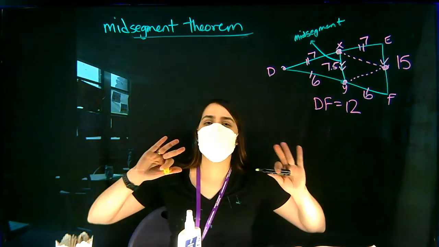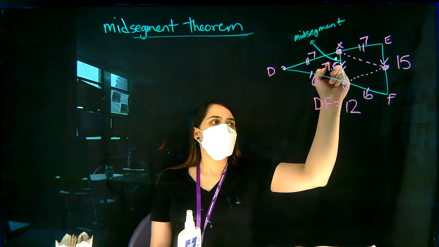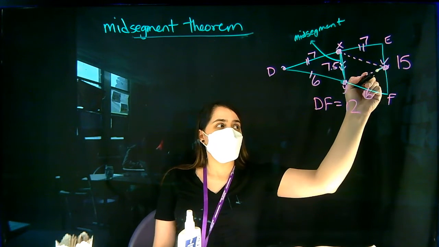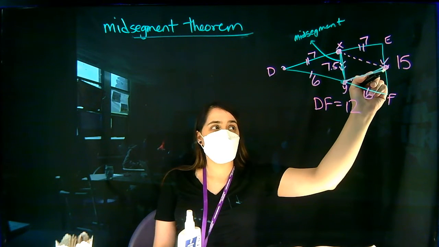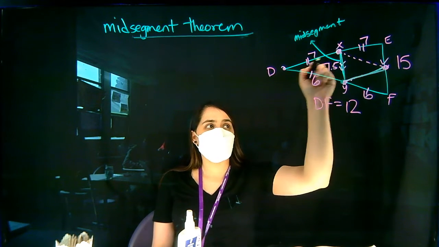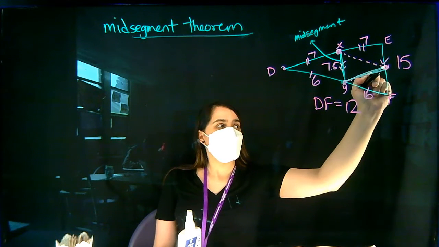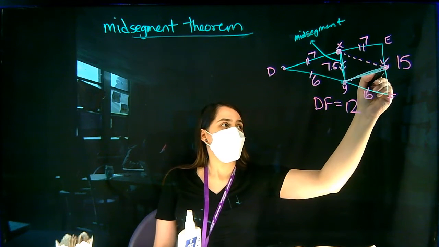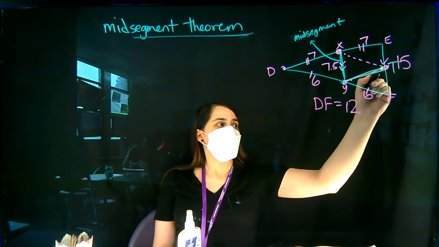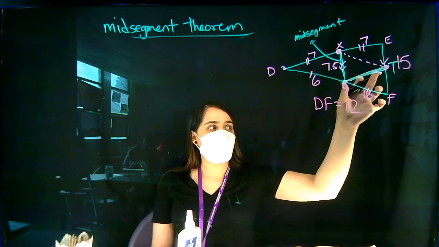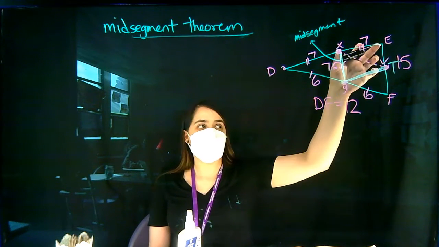Now this is the trippy part. This is really cool. So you know this is half of the base. This is half and parallel to this side. Let's call this point T. What is the length of YT? 7, because it's half of that side, which is 14.